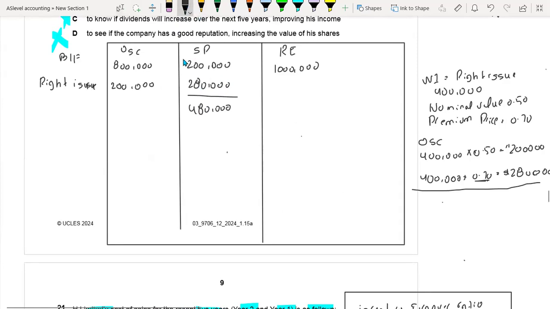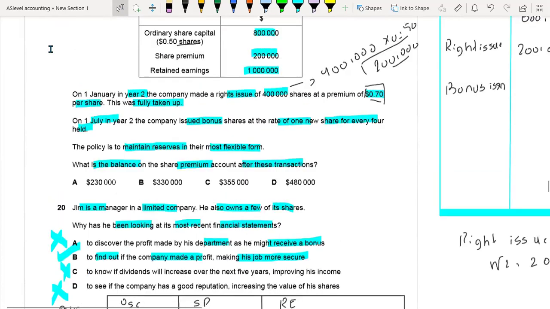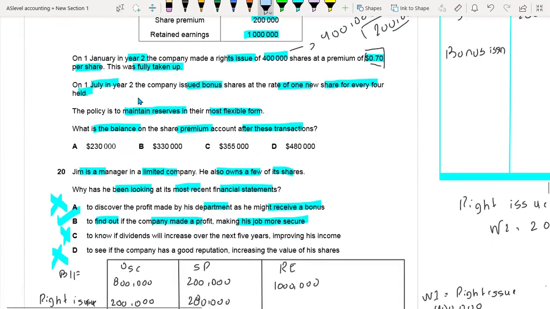Just deduct the 250,000 from here. This will give us the answer, which is 230,000. So it means that option A is the right option.